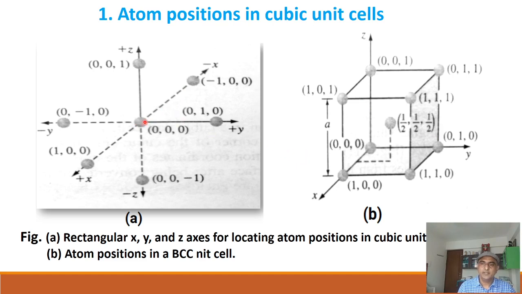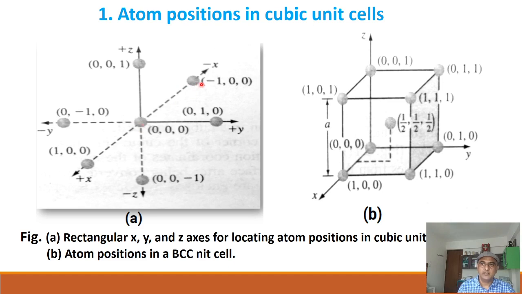Suppose the center is at the middle point, then what will be on the negative side? Here is the center with the coordinates half, half, half, meaning half distance along x, y, and z. Suppose the center is at this point, then the coordinates will be like this.